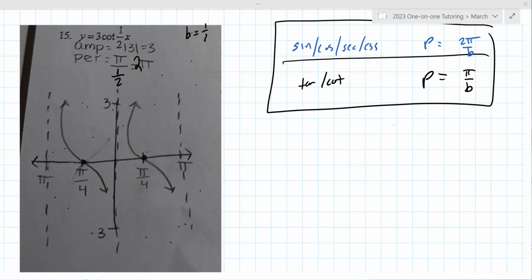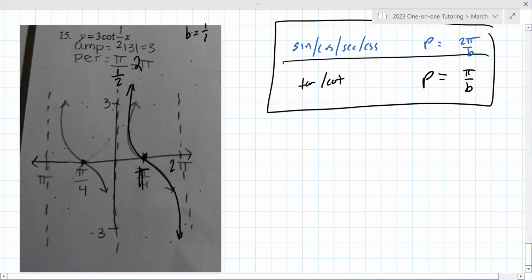So the issue with this graph is just the vertical asymptotes. This should be at 2 pi, and this would be at pi, because it's always right in the middle. And then just to see that snake a little better. So you normally go out one period for your vertical asymptotes, and then you go left. So this would be minus 2 pi.